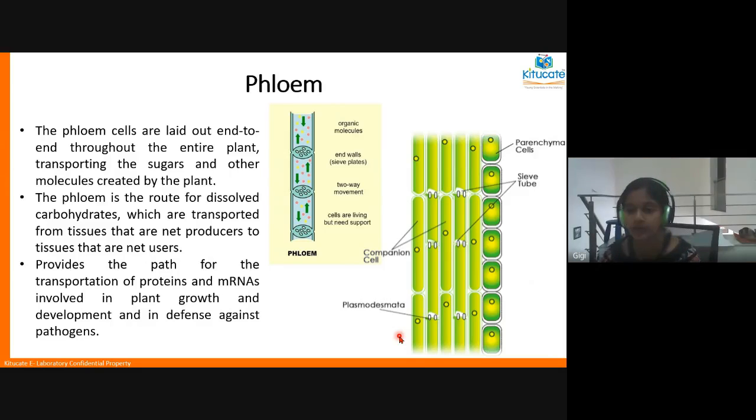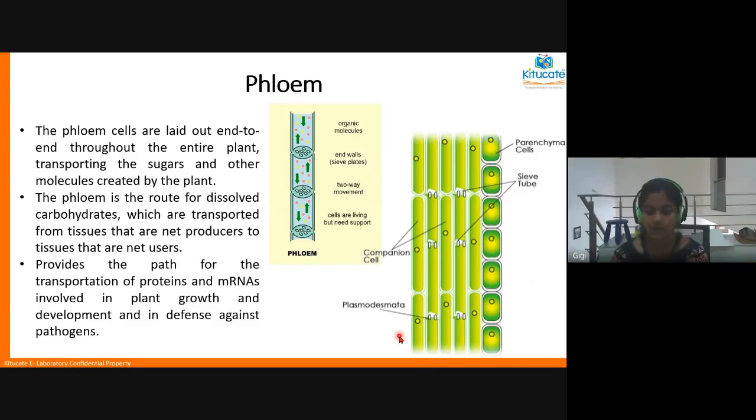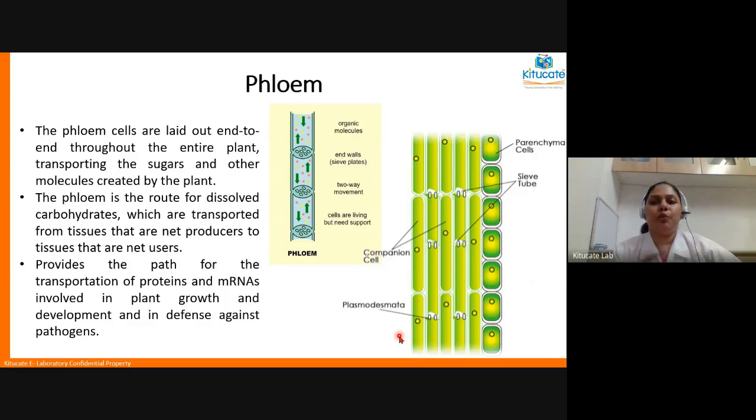Then we have phloem parenchyma. Similar to xylem parenchyma, phloem parenchyma stores food. An additional task that phloem parenchyma carries out is that it allows horizontal transportation of food.